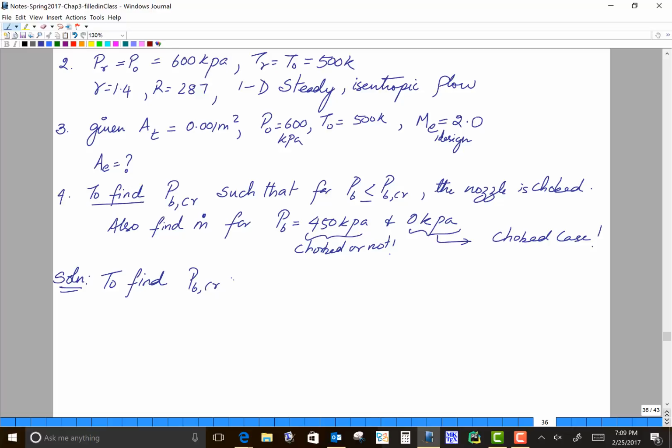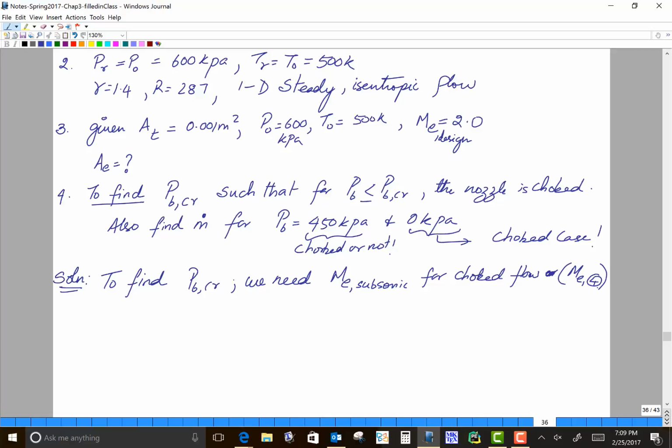It's the case where the Mach number at the throat is 1, and in the diverging section, the flow decelerates into a subsonic flow, and the pressure increases because of the compression. So to find this PB critical, we need the ME subsonic for choked flow, or basically what we are after is ME corresponding to case 4 in all our discussion diagrams.